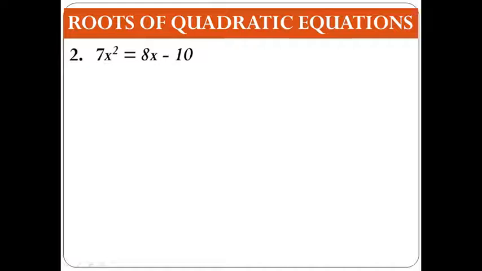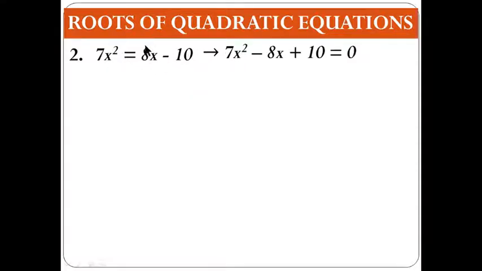Sunod na halimbawa, meron tayong 7x squared is equal to 8x minus 10. So, kung napapansin, yung given ay hindi siya naka-standard form. So, before identifying the values of a, b, c, we need to transpose it first itong given sa standard form. So, copy 7x squared.